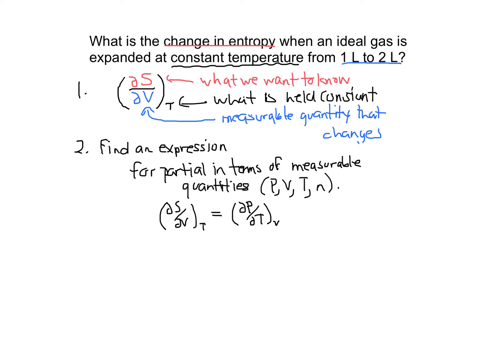But so far, this expression is still in terms of a partial derivative. I can use the equation of state, so as long as I know the equation of state of my system, that is, how do pressure, temperature, and volume relate to one another? So I need to know pressure as a function of temperature, volume, and number of moles.